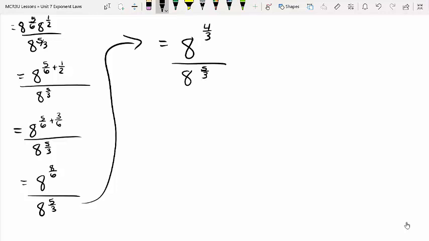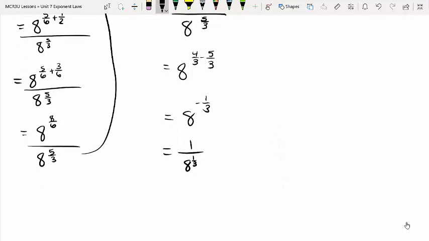When I'm dividing powers with the same base, I'm going to use my quotient rule and subtract the exponents. Now because it's a negative exponent, I'm going to turn it into its reciprocal to eliminate that negative exponent. And finally, this turns into 1 over the third root of 8, and the third root of 8 is just 2, so we get 1/2.